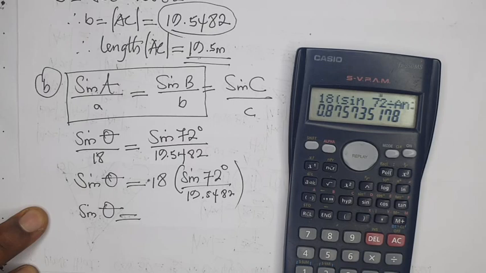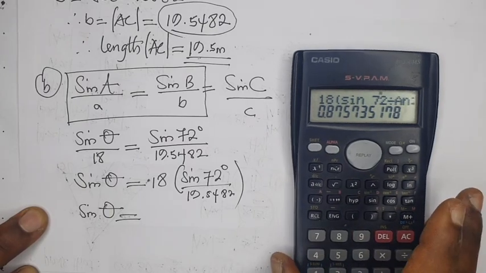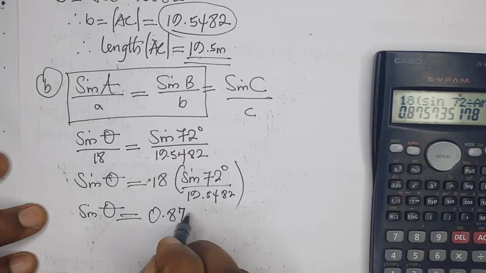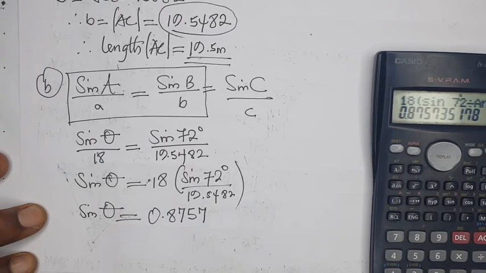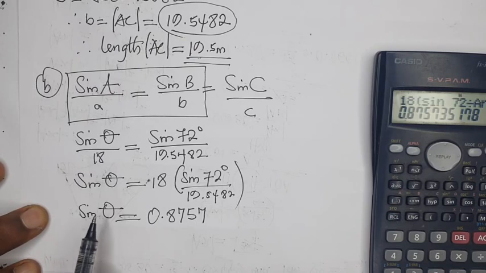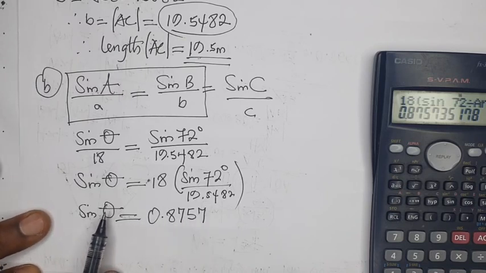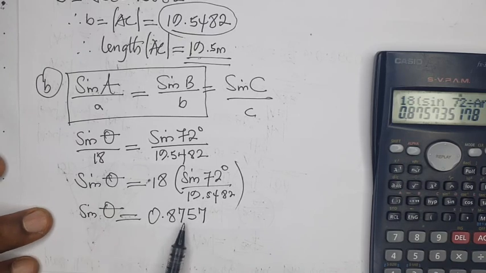That leaves us with 0.8757. Alright, sine theta is equal to 0.8757, but we're looking for the value of theta. So what it means is that we're taking the sine inverse of the answer we have currently.